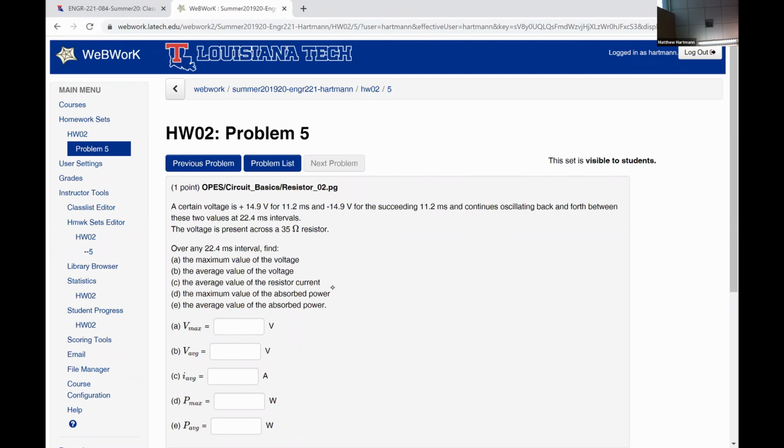And the reason it's not is if we look at the power absorbed by the resistor, when the voltage is on its positive half cycle, the power is going to be 14.9 volts squared divided by the resistor value. So for the first half cycle, based on the numbers that I have, 14.9 squared divided by 35.